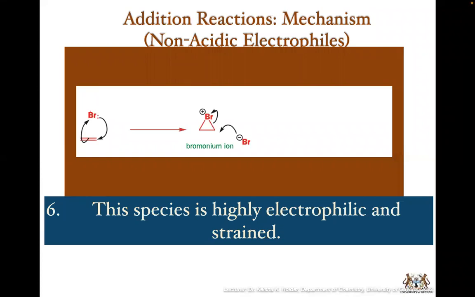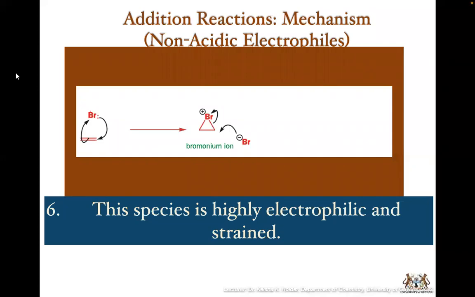It is also highly strained because it is part of a three-membered ring. And we recall from first year chemistry that the smaller the ring becomes, the more strained the molecule will be, because the substituents are forced into a close proximity with respect to each other.